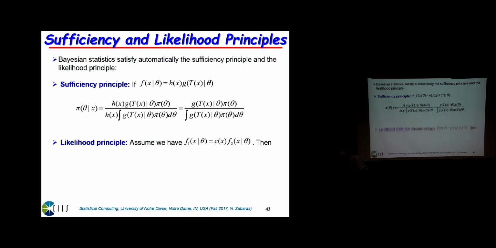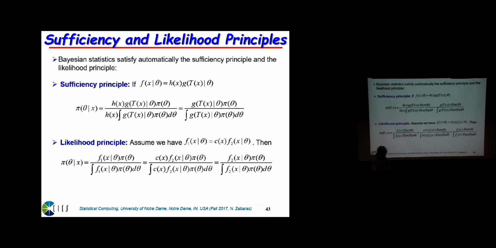So you may ask, is a full Bayesian analysis, basically when we compute and use the posterior distribution for making decisions and inference, do they satisfy the sufficiency principle, and do they satisfy the likelihood principle? Let's pick up one of those. For example, let's take two likelihoods that differ by a function of x, c of x, and you compute the posterior.